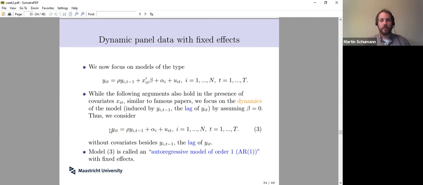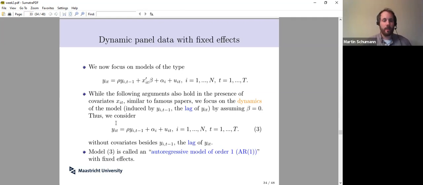Very simple: y_it, the only explanatory variable is the lag of y_it, and we have a fixed effect here. Thus we call this an autoregressive model of order 1 with fixed effects, because there's only one lag. Of course, you can put in a second lag, then it would be an AR(2) model and so on.